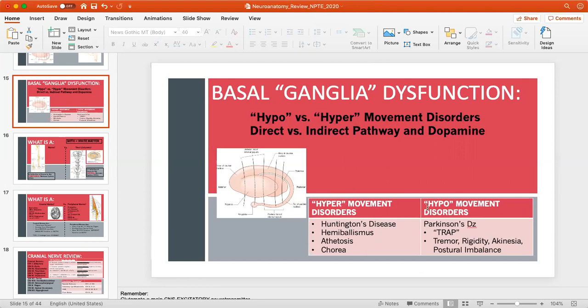Or you can contrast that with hypokinetic movement disorders, such as Parkinson's disease, where you have akinesia, bradykinesia, and some of these characteristics or hallmark symptoms of Parkinson's disease due to dysfunction of the dopaminergic circuit within the basal ganglia, specifically the substantia nigra, but can be manifest within those direct and indirect pathway circuits that coordinate movement.